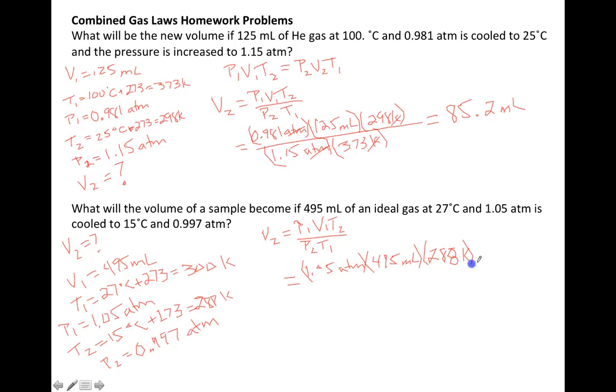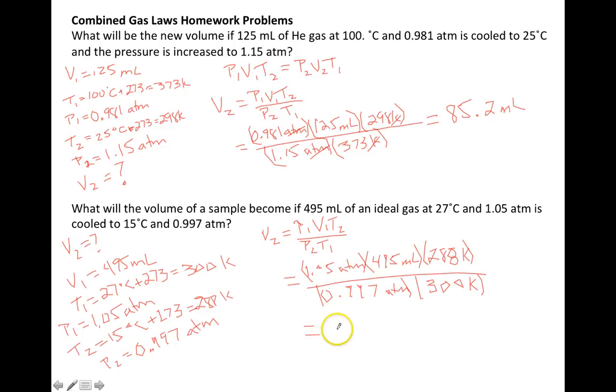There it is. 288 kelvins. And it's divided by P2, which is 0.997 ATMs. And our T1 is 300 kelvins.